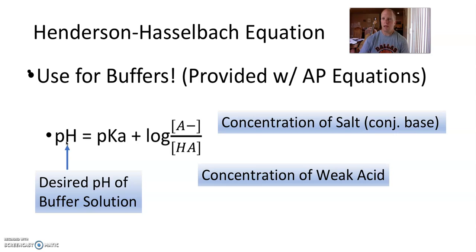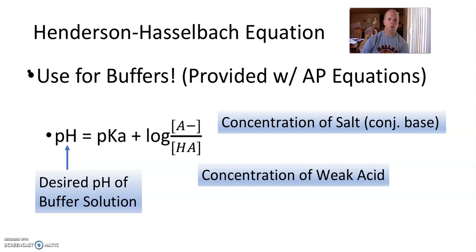I could also make that, and that's what we're going to look at today. This pKa is the pKa of the weak acid or weak base that we're going to use. And then it's the log of the concentration of the salt, the conjugate base, on top, and the concentration of the weak acid on the bottom. So I'll show you how to use that in a little bit.